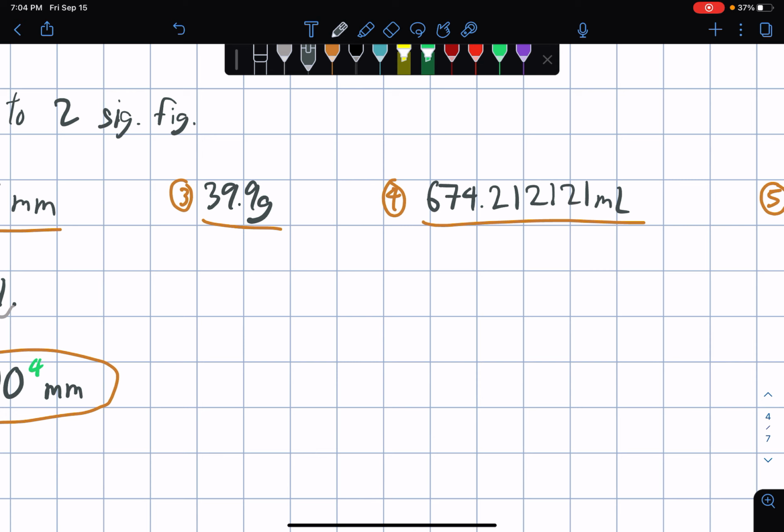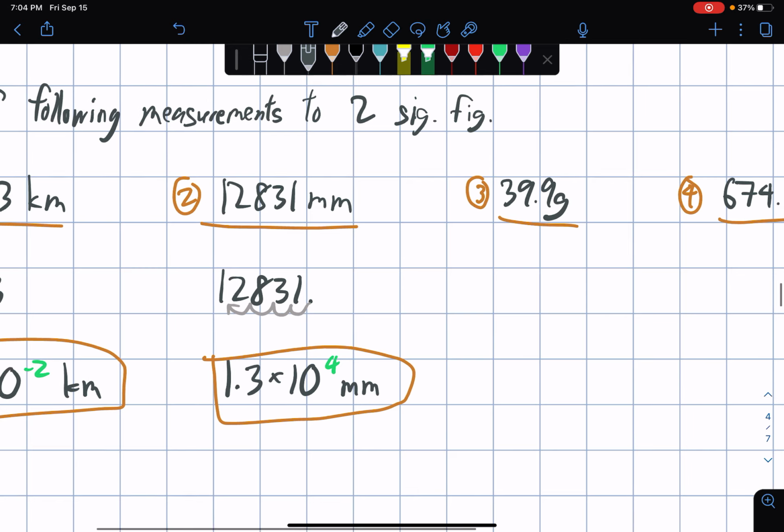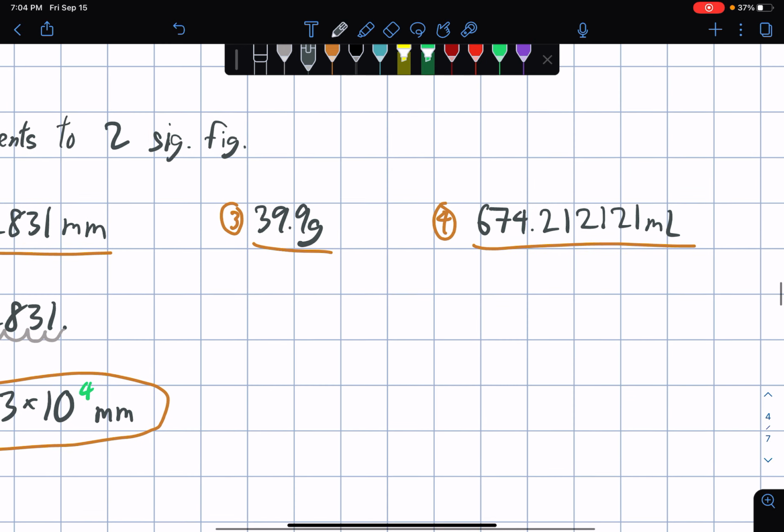39.9 grams. You might ask the reason why I moved the decimal point between 1 and 2 and earlier between 9 and 0. That's always going to be the rule. Let me show you the same rule for number 3. You move the decimal point to the left in between 3 and 9.